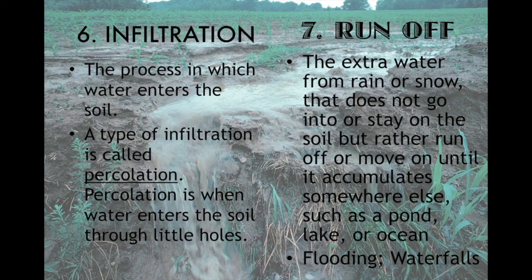Infiltration means going into the ground, but percolation is saying it's going into the ground through little spaces and pores in the soil. So water is going through those spaces, and that's called percolation. Infiltration is more of a general term, percolation is more specific.